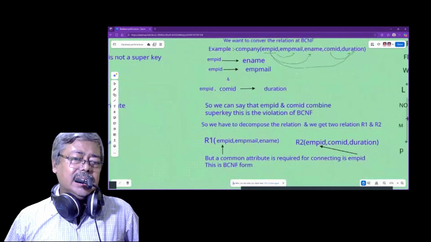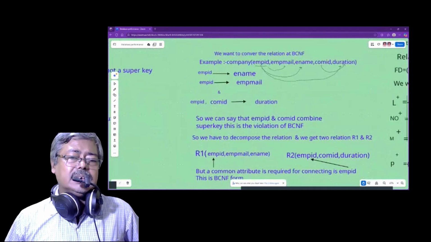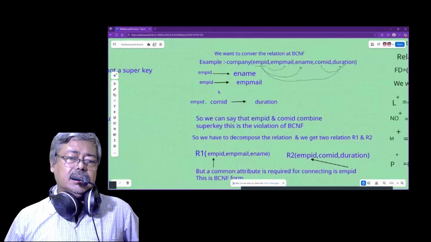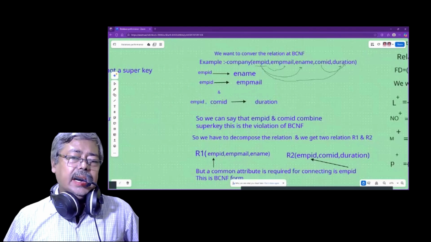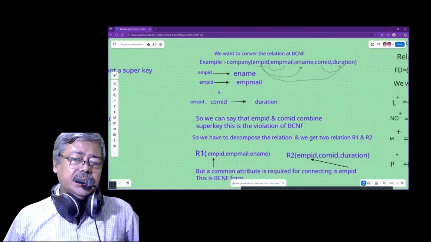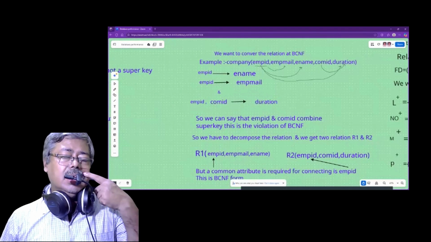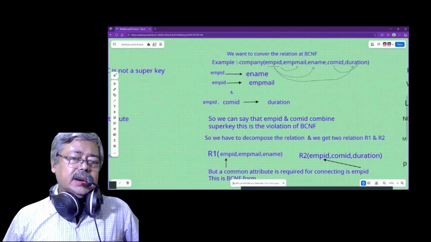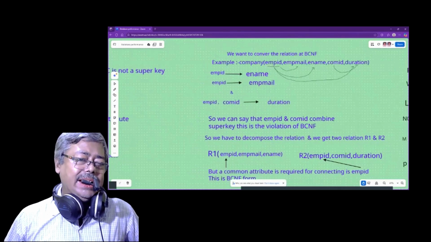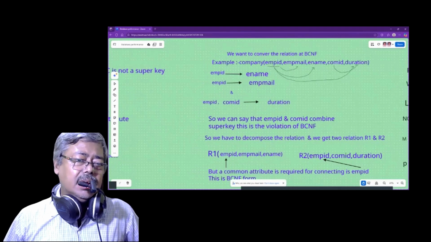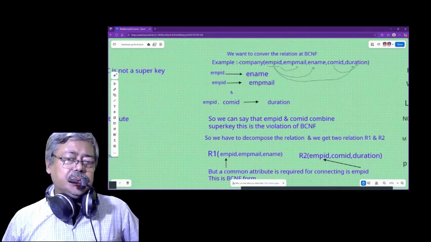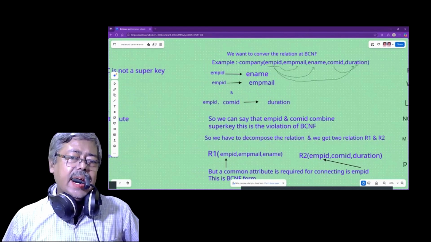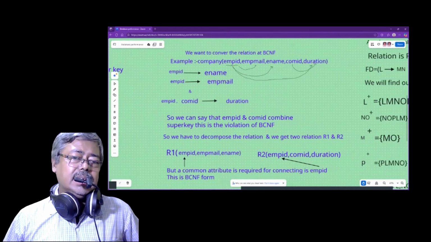Now we come to another example. The relation is Company, and the attributes are EMP ID, EMP name, EMP mail, COM ID, and duration. Duration means how many hours the worker is working. We see that EMP ID identifies EMP name and EMP mail, so EMP ID is the key for those two attributes.